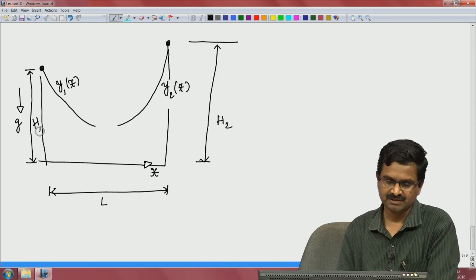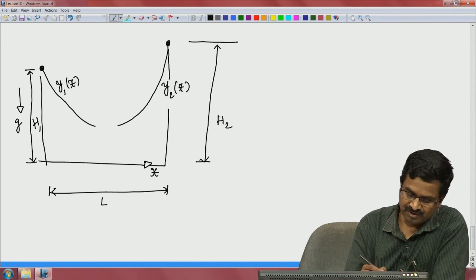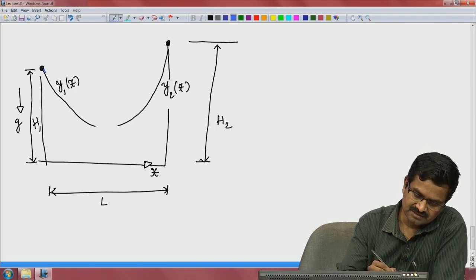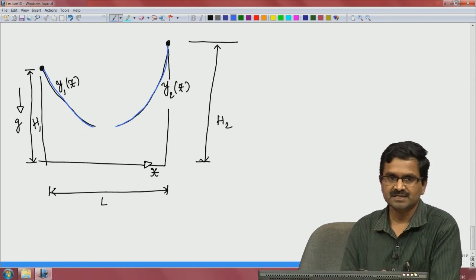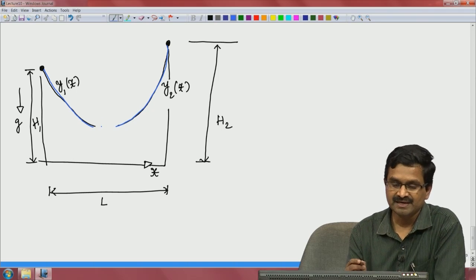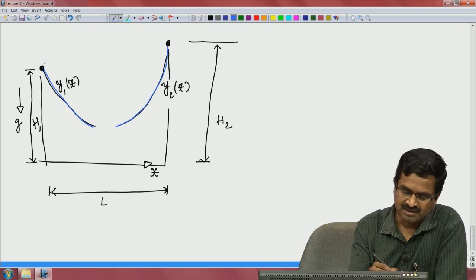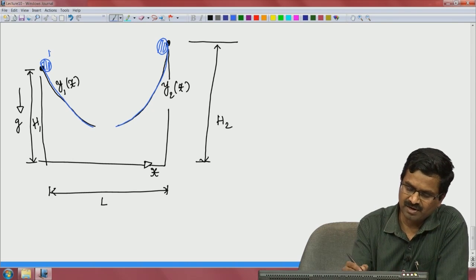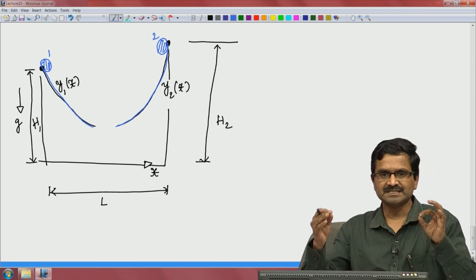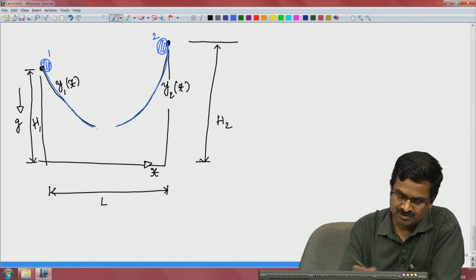If we have H1, H2 and L given, we want to find these curves, this is some curve y1, this is some curve y2, such that they both hit each other at the same time. If I leave a ball at point A, and there is a ball here that I leave, this is ball 1 and ball 2, if I leave them at the same time, due to gravity they are going to come down, and we restrict them to come down along these curves y1 and y2.